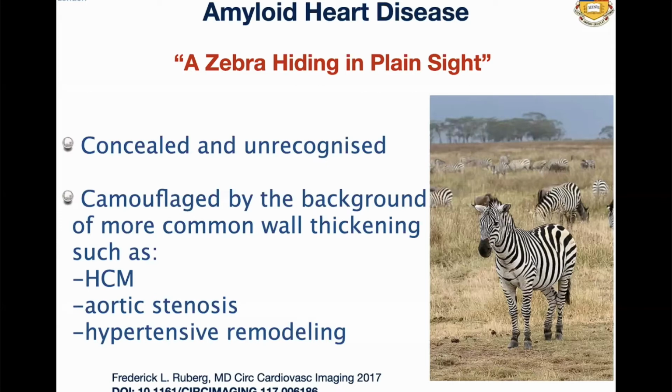So a zebra hiding in plain sight. We can misdiagnose cardiomyopathy, we can misdiagnose aortic stenosis with low gradient and hypertensive heart remodeling, but the underlying condition is cardiac amyloidosis. Now, therefore, we have diagnostic challenges.